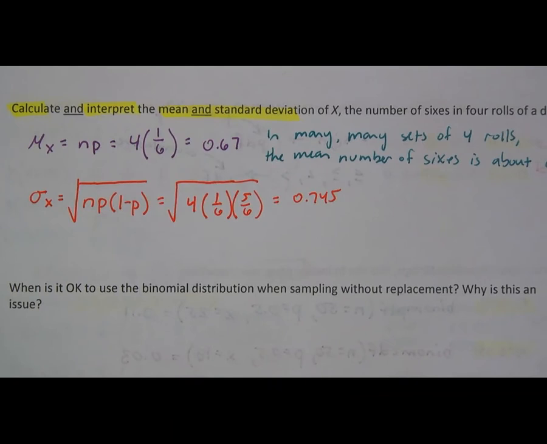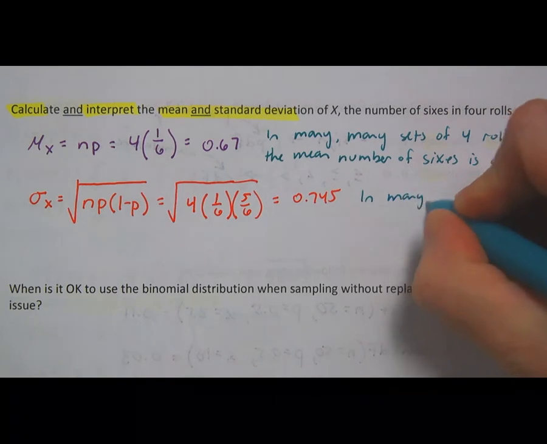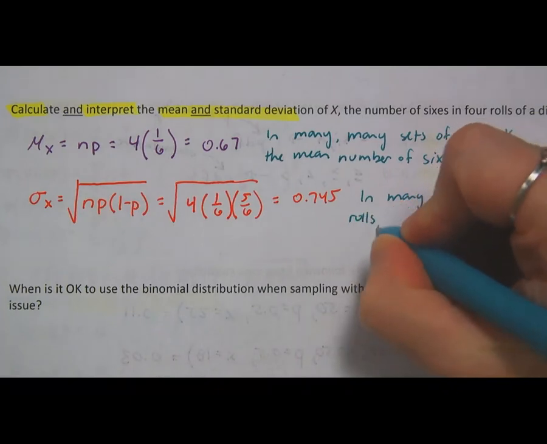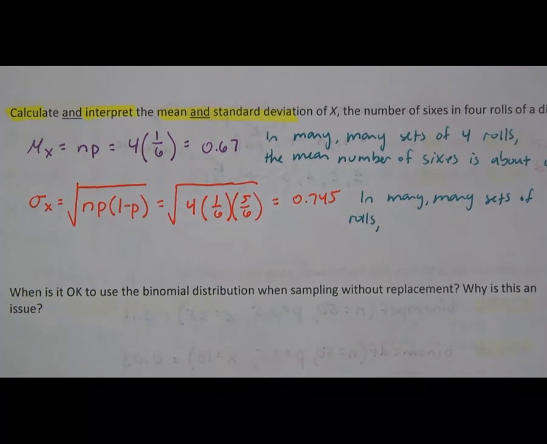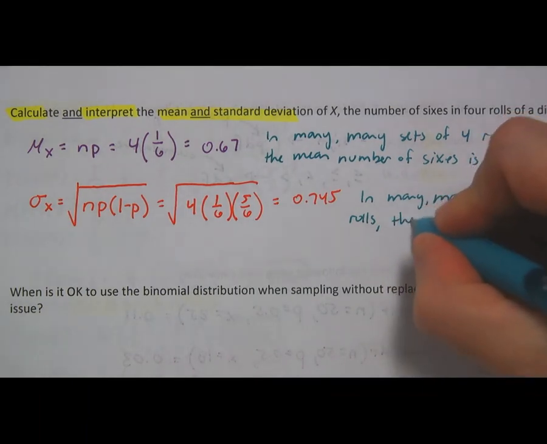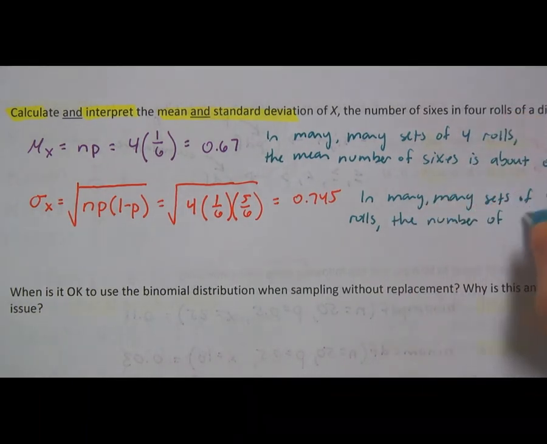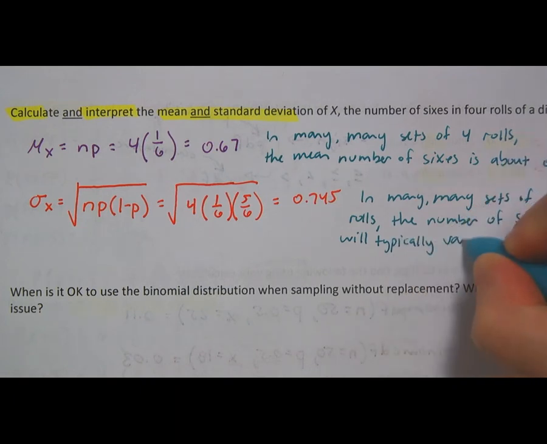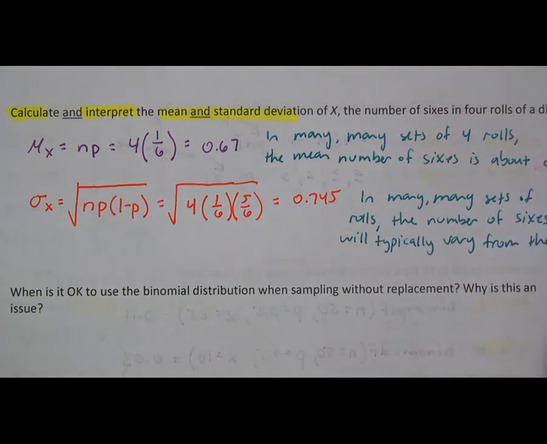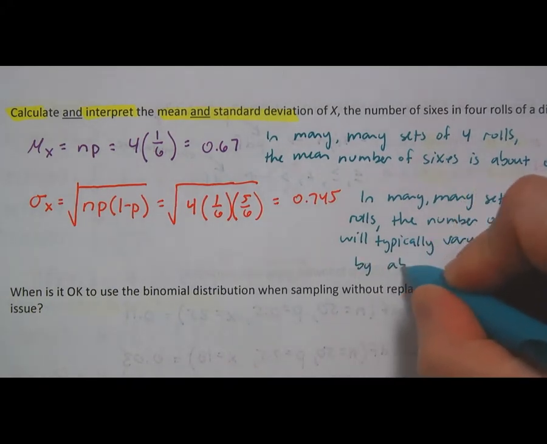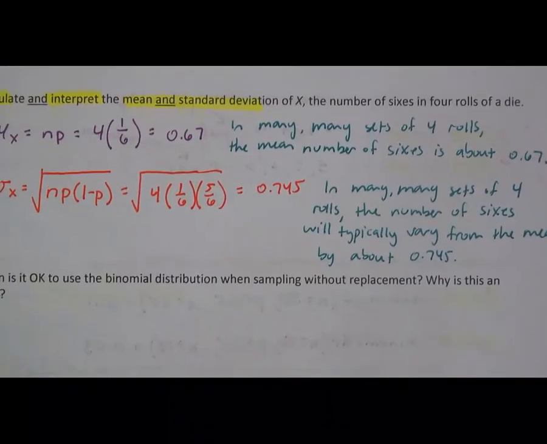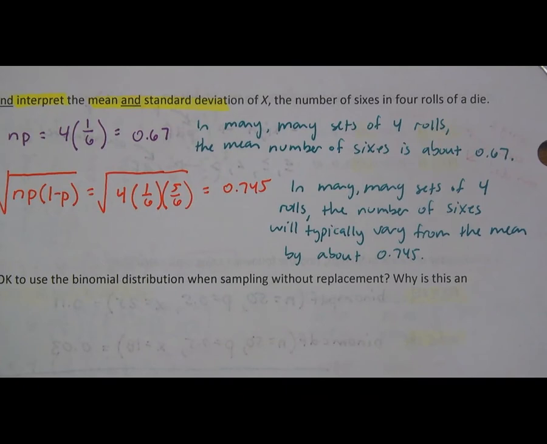In many, many sets of 4 rolls, the number of sixes will typically vary, kind of like saying the number of successes will typically vary, from the mean by about 0.745. Typically vary from the mean.